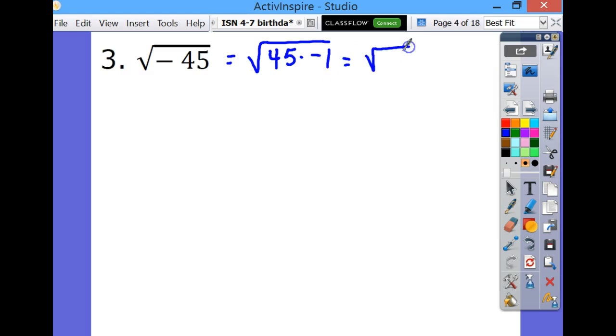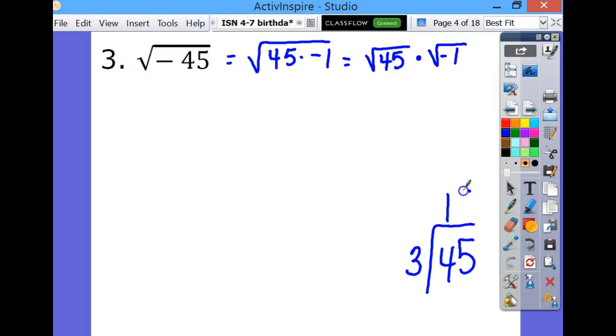This is equal to the square root of 45 times the square root of negative 1. 45 is not a perfect square number, so I'm going to do the birthday cake on it. 2 will not divide into that. 3 divides into that 15 times. 3 divides into 15. And 5 divides into that.